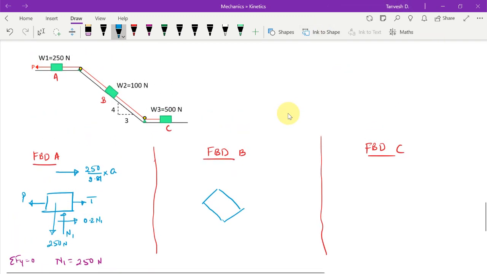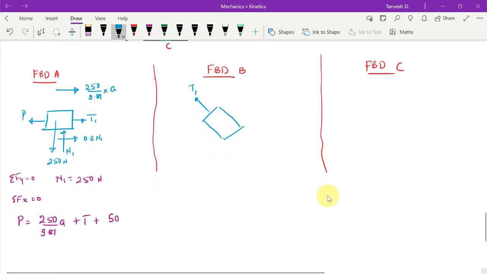Now this string which is going on here, this will have the same tension in this much portion of the string. So let us say that is the same tension T, or rather let me name this as T1. This is T1, so this will also be T1.